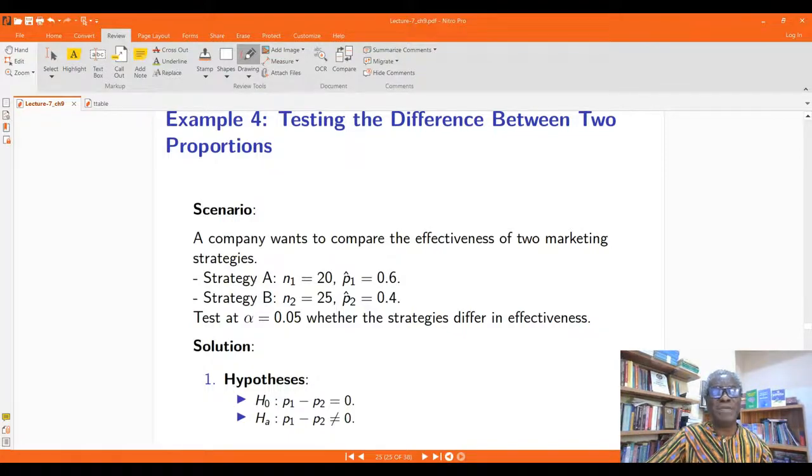Out of 25 of those sampled among those who received marketing strategy B, 0.4 of them bought the product. The significance level is 0.05. So the idea is whether these two strategies differ in effectiveness or not.